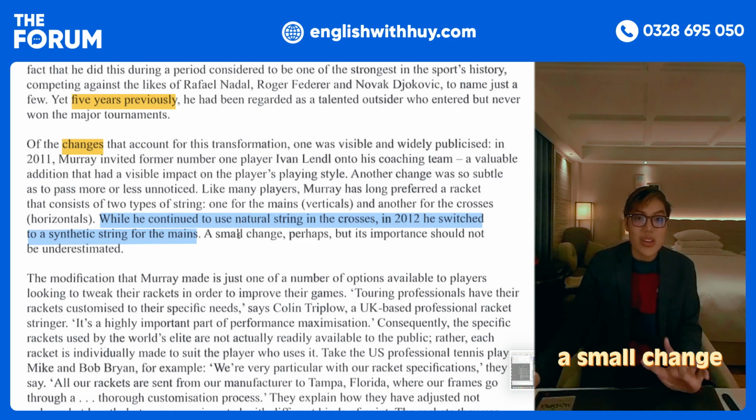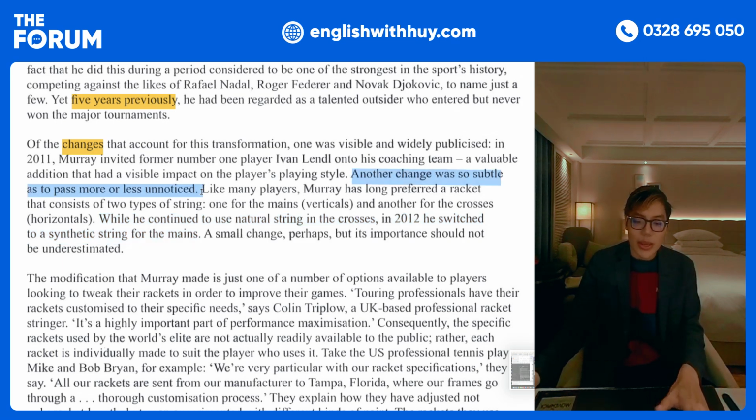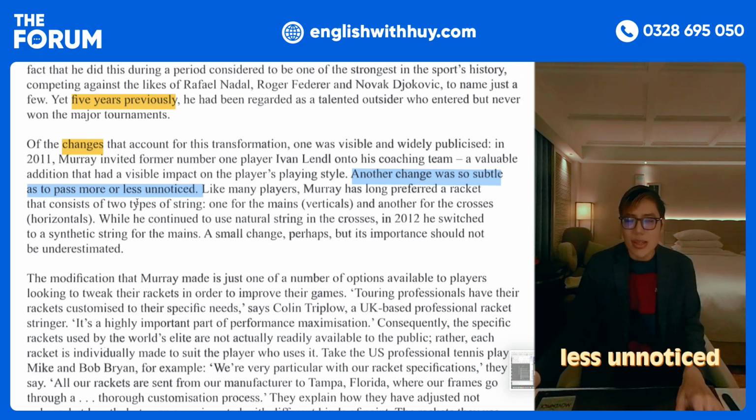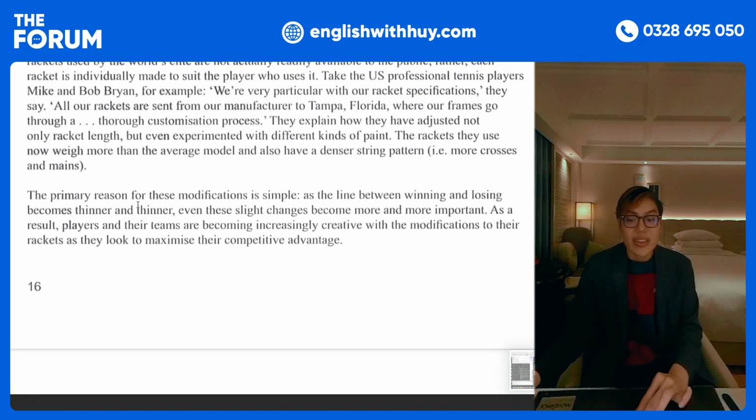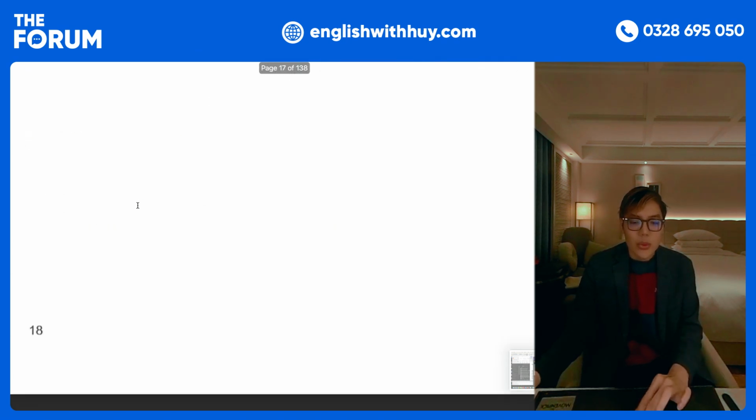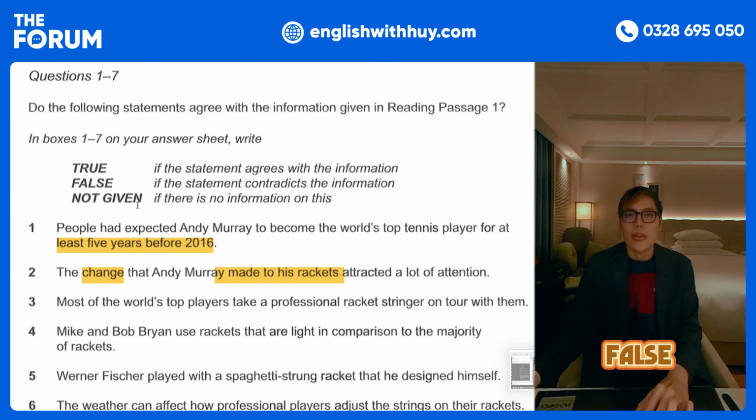Before this, you can also see this piece of information: another change was so subtle as to pass more or less unnoticed. So the words less unnoticed are so different from the statement, which says that the change to his racket attracted a lot of attention. So the second answer would also be false.